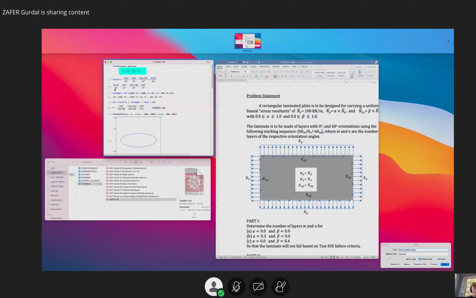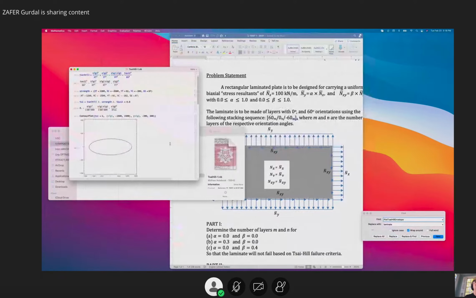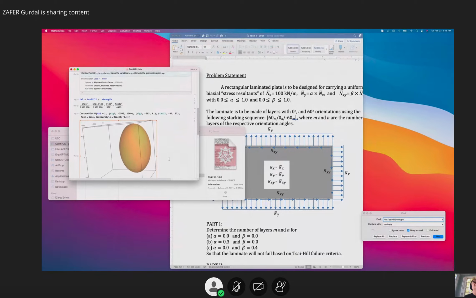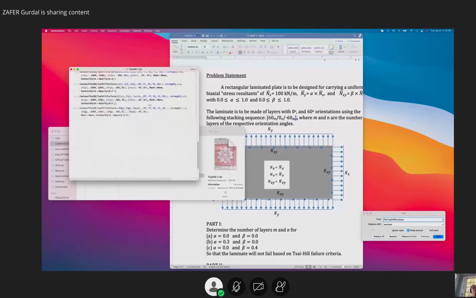So the graphics is not working. All right, that is for sure. This is actually in sigma 1, sigma 2, and tau 1, 2 space. So it's actually a three-dimensional object. This is the failure surface in 3D. So there's sigma 1, sigma 2, and tau 1, 2 in here.